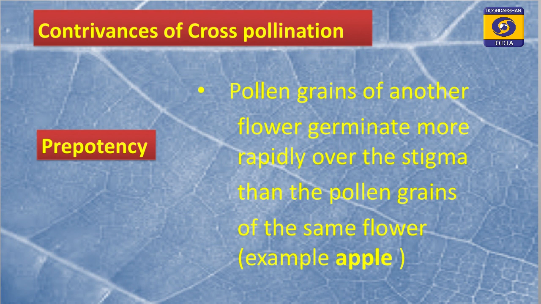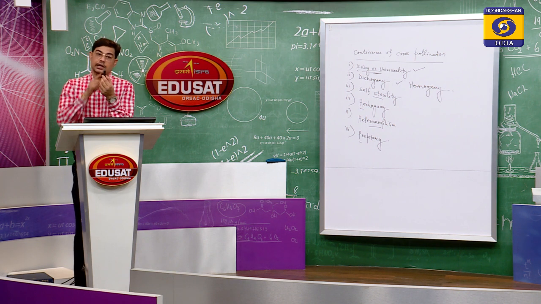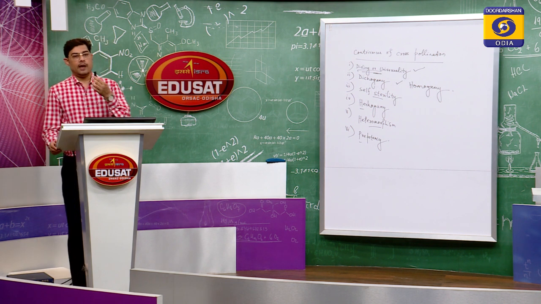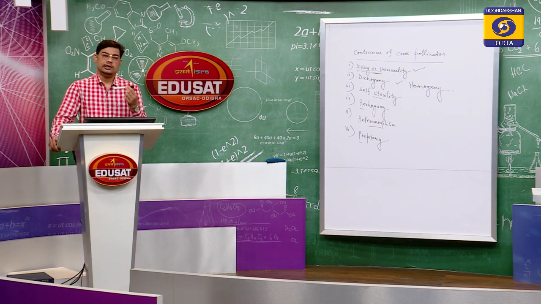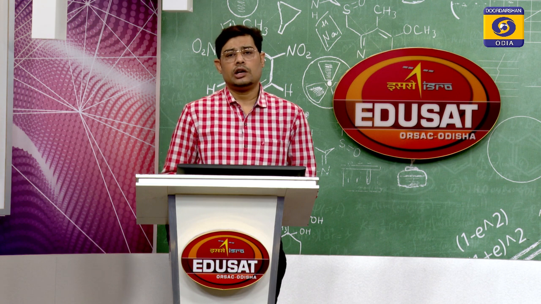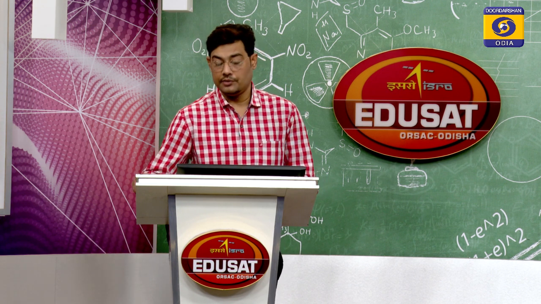Suppose this is a stigma, and pollen grains from the same individual and pollen grains of another individual fall on the stigma, then the other one grows more rapidly than its own pollen grain, thus enhancing the chance of cross pollination, which is seen in case of apple. So, in apple the self incompatibility is because of this prepotency. So, these are the contrivances of cross pollination.